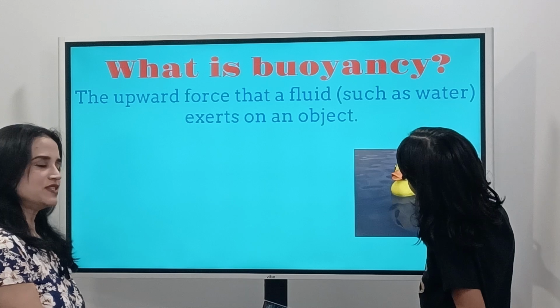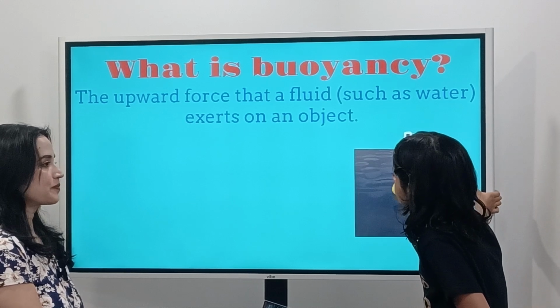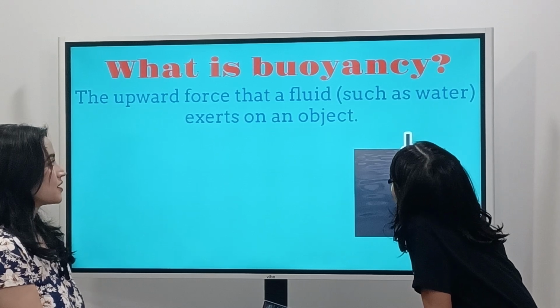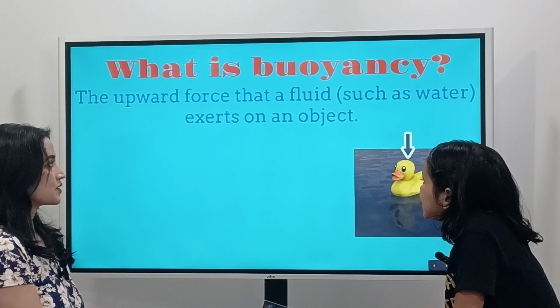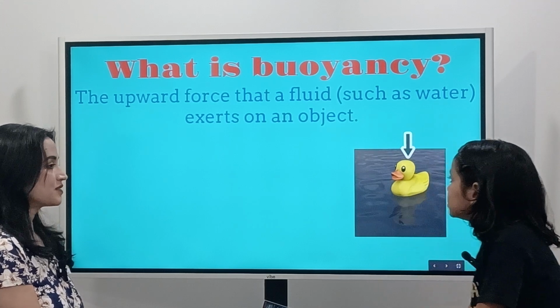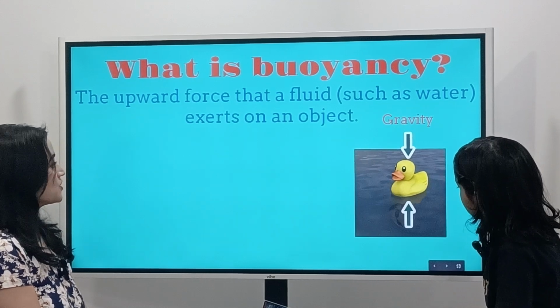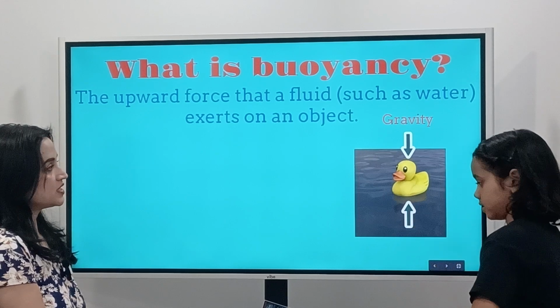What is actually buoyancy, Lena? What do you know about buoyancy? It's the upward force that a fluid such as water exerts on an object like this duck. Is it going up or down? Up.